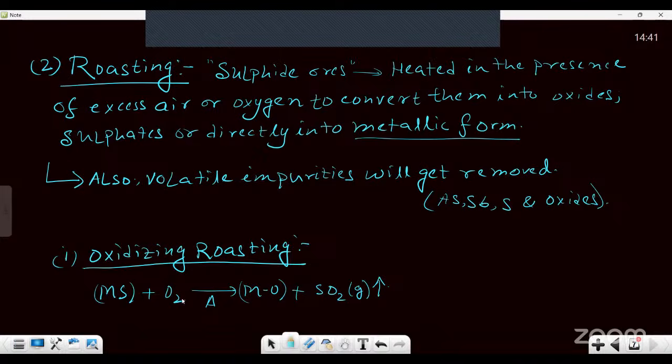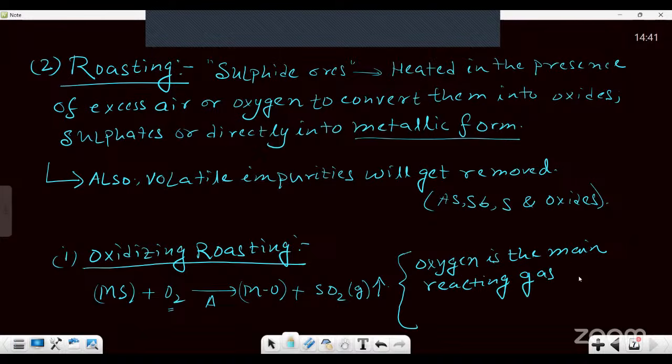In oxidizing roasting, oxygen is the main reacting gas, and oxidation is the principal reaction.